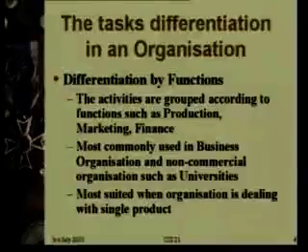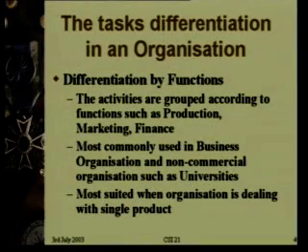The task differentiation in an organization. So once we know about the basics of organization, how do we differentiate among various tasks? Well, tasks are differentiated by functions. The activities are grouped according to functions such as production, marketing, finance.